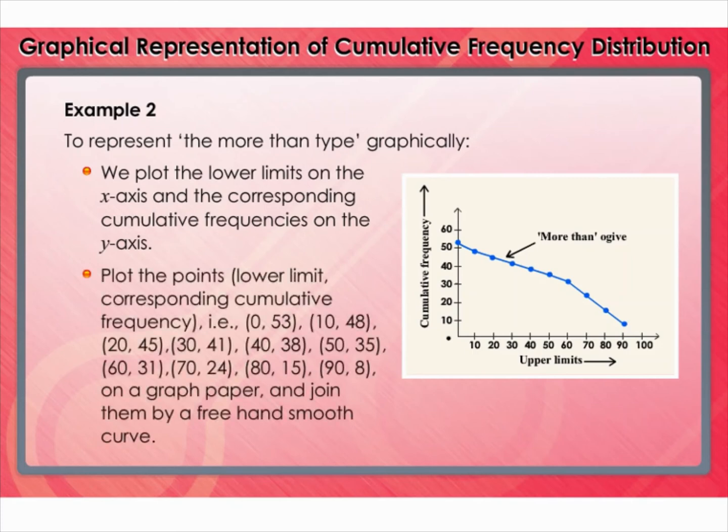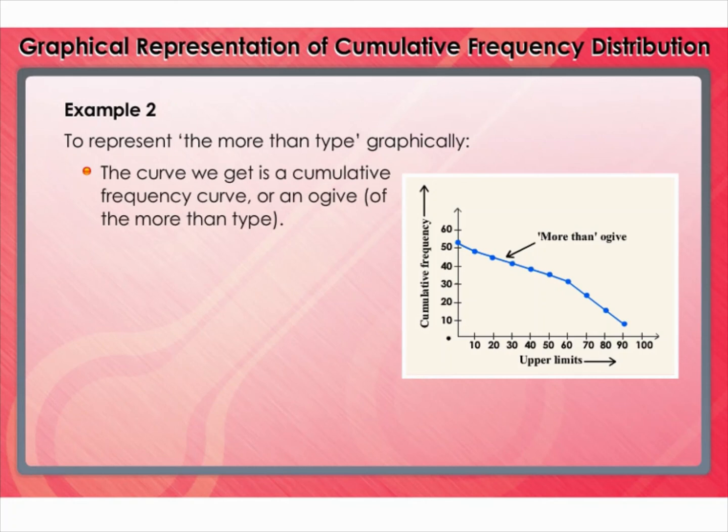Plot the points, lower limit, corresponding cumulative frequency, that is (0, 53), (10, 48), (20, 45), (30, 41), (40, 38), (50, 35), (60, 31), (70, 24), (80, 15), (90, 8) on a graph paper and join them by a freehand smooth curve. The curve we get is a cumulative frequency curve or an ogive of the more than type.